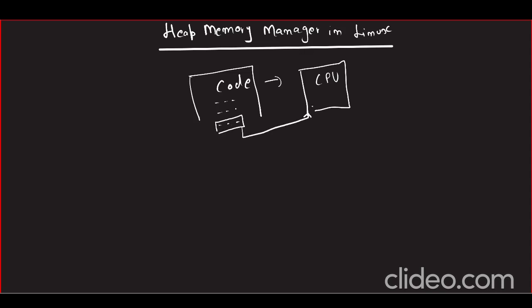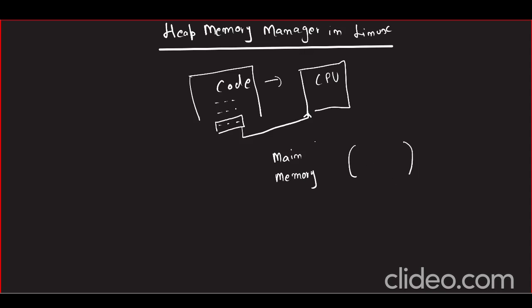But the CPU does not directly fetch the code or instructions. It uses something called main memory. Main memory is like a storage place, which is kind of volatile, and it stores some data, mostly instructions, which can be used by the CPU at the time of processing.